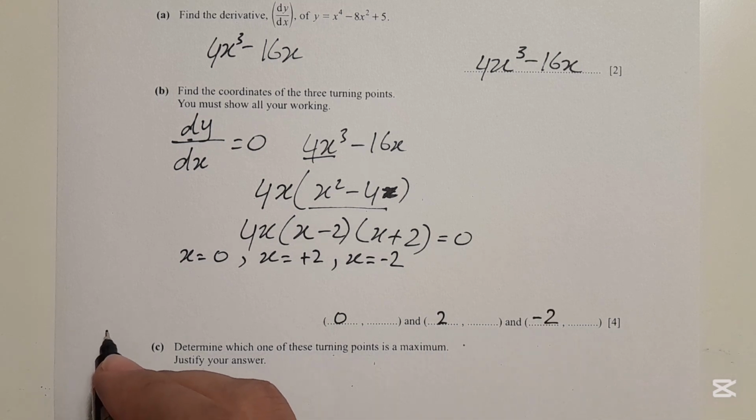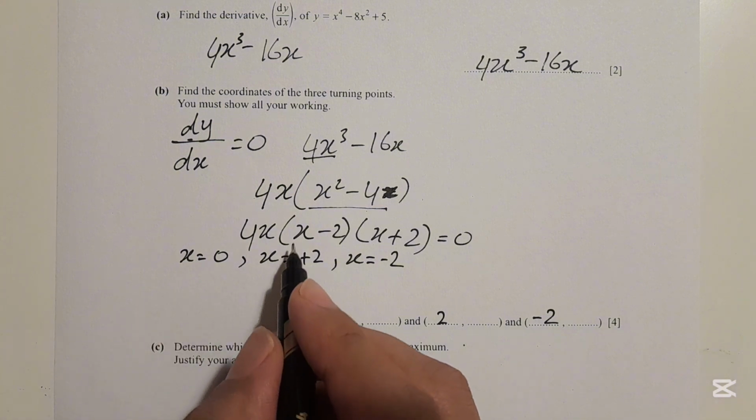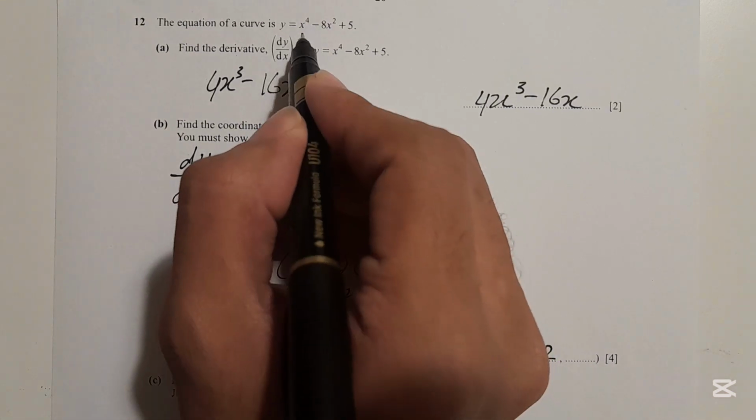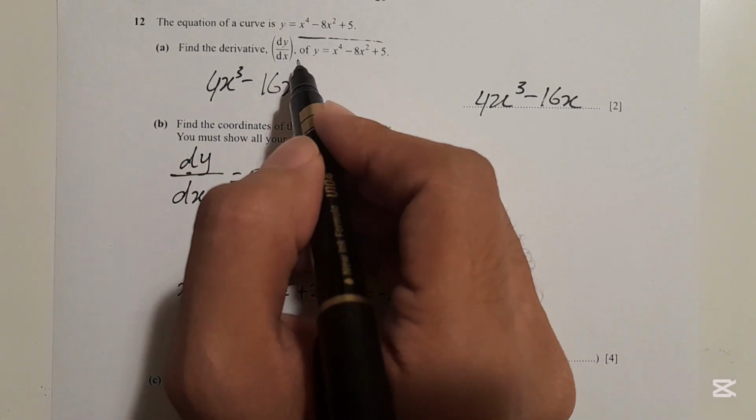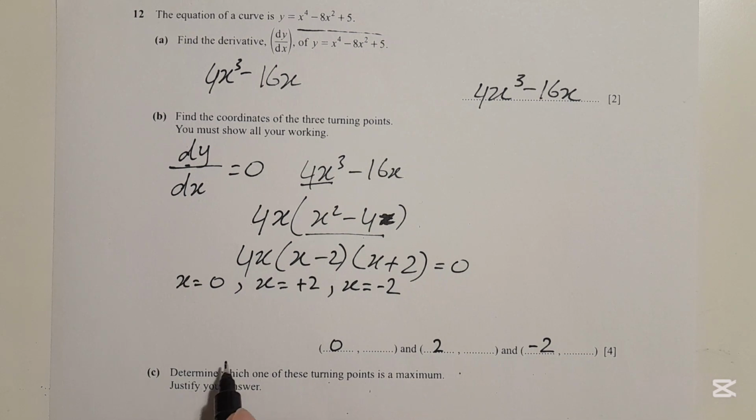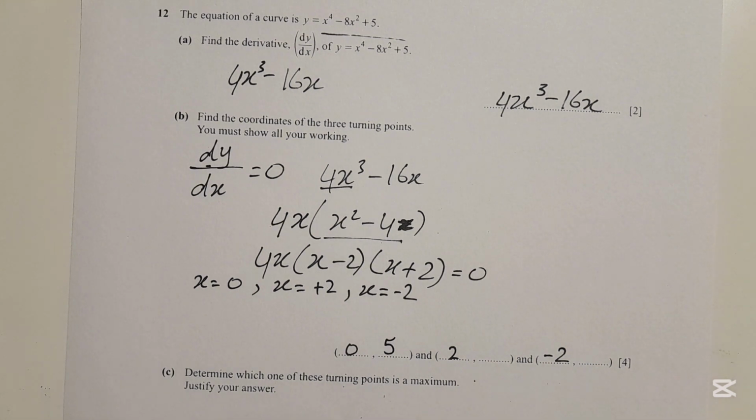Then to calculate the y values, we will use the original equation, which is x to the power of 4 minus 8x square plus 5. So first, when we put in 0 it will be 5. Then when we put in 2, it will be 2 to the power of 4 minus 8 times 2 square plus 5.